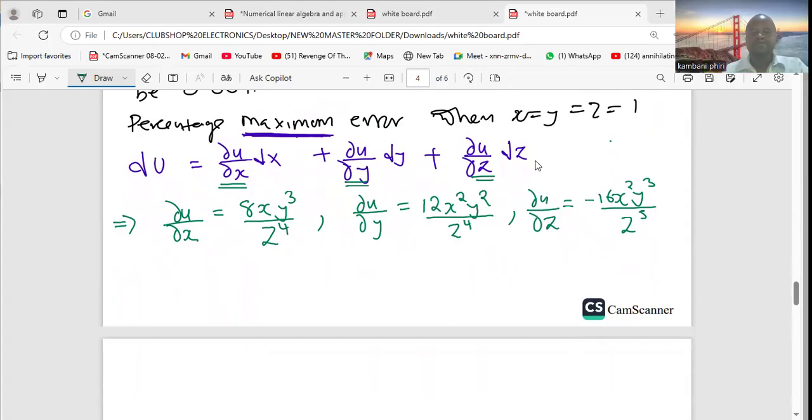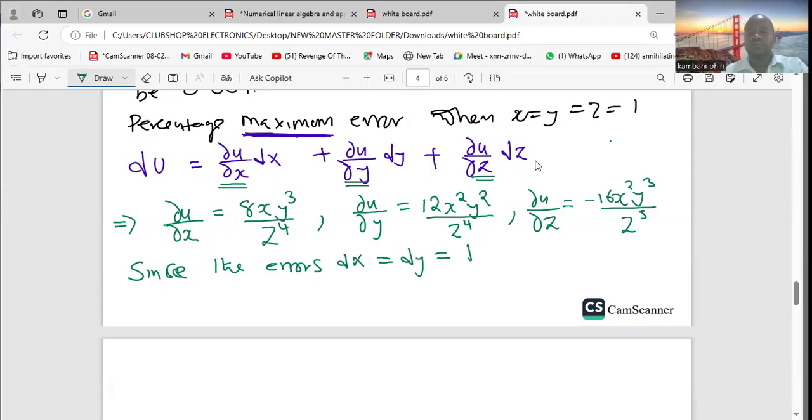Okay, so next. Now, we know that since this dx, which are errors, maybe we recognize the errors, since the errors dx is equal to dy, which is equal to dz, and this is fixed to be 0.1, I think.